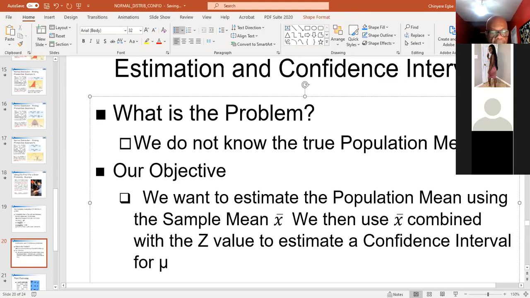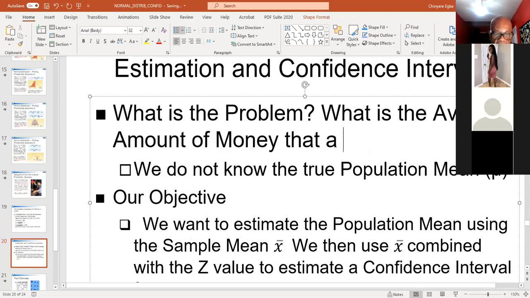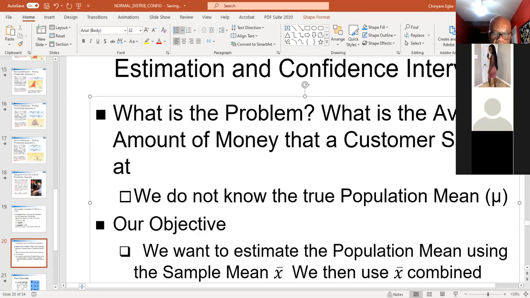An example would be, what is the average amount of money that a customer spends at lunch?